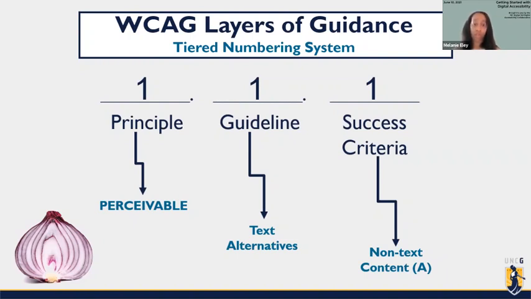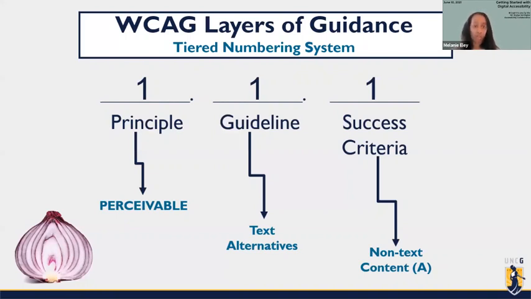And I have an example here on the screen that I'll talk about in just a second. So there are typically three numbers, a 3-digit number, and that makes up a success criterion. As I said, the success criterion is what you would use to specifically target a specific accessibility issue.